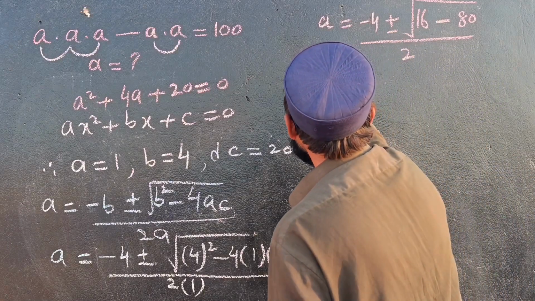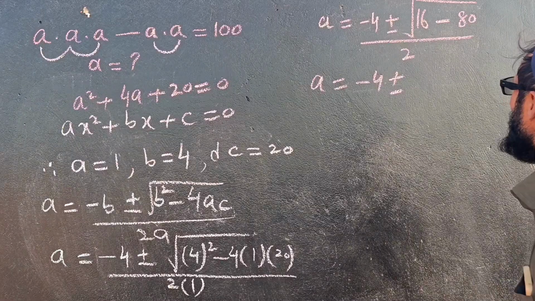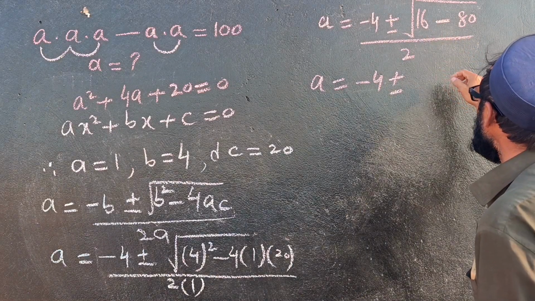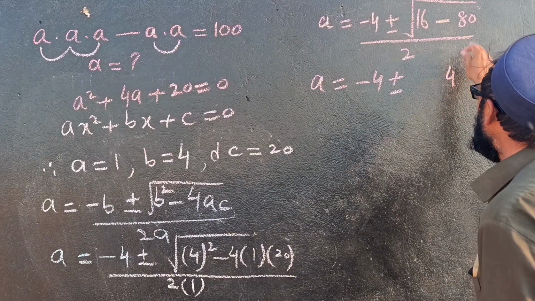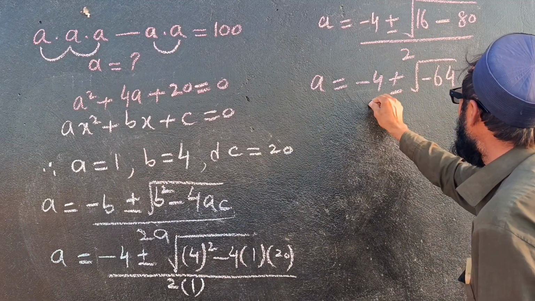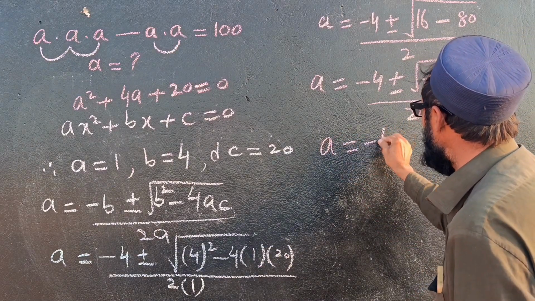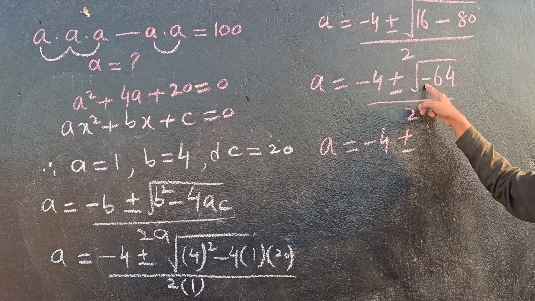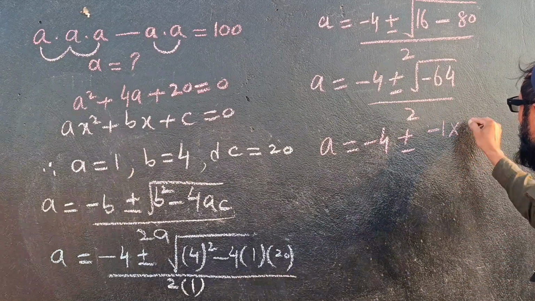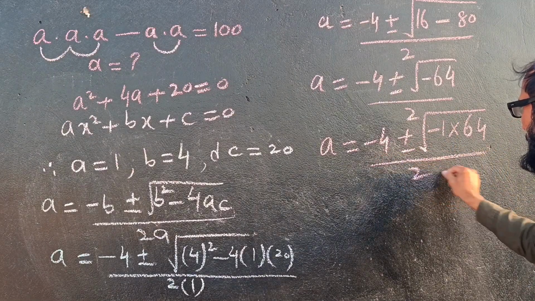Subtracting, we get 16 minus 80, which is minus 64, divided by 2. Now a is equal to minus 4 plus or minus the square root of minus 1 multiplied by 64, divided by 2.